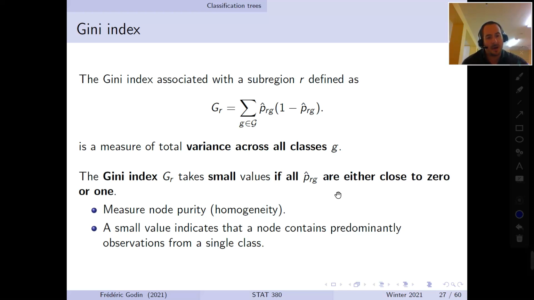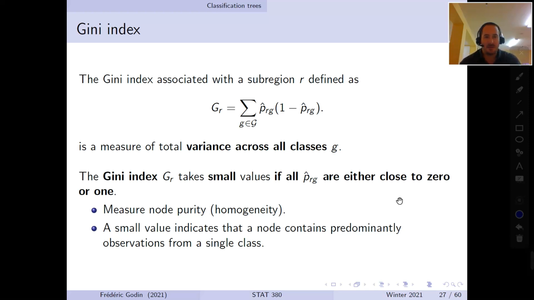What we mean by all close to 1 or 0 is that almost all observations within that subregion have exactly the same class. So the Gini index is a metric which allows measuring node purity or homogeneity of responses among a given region. If for a given subregion R of the predictor space, almost all observations are orange and none are blue, then the Gini index will be close to 0.